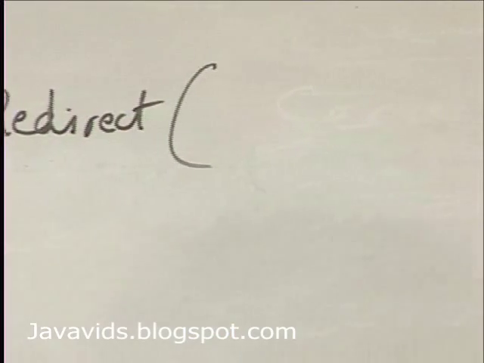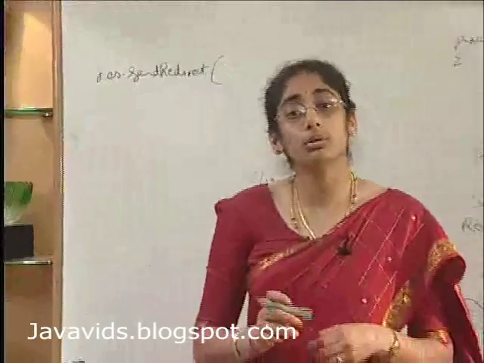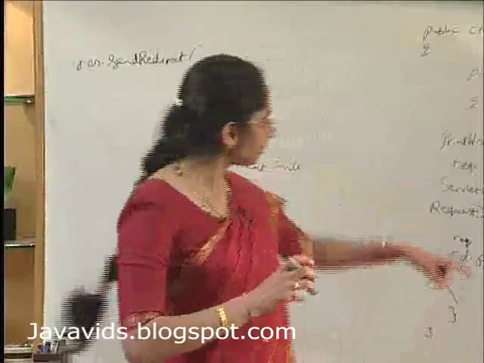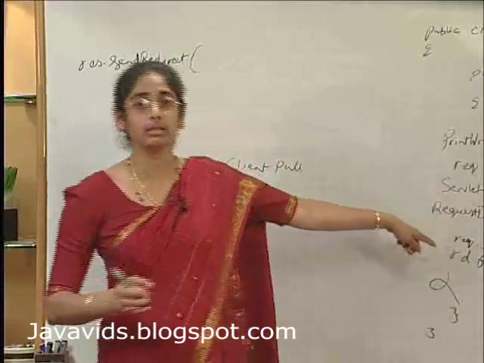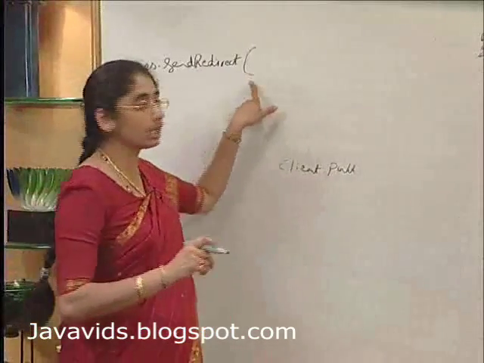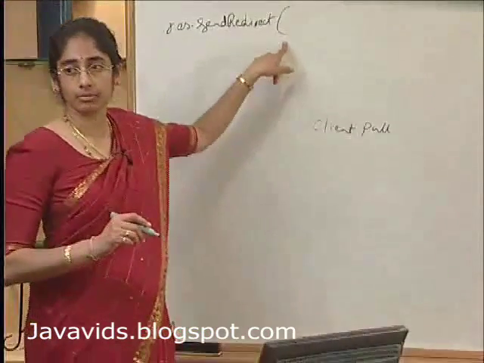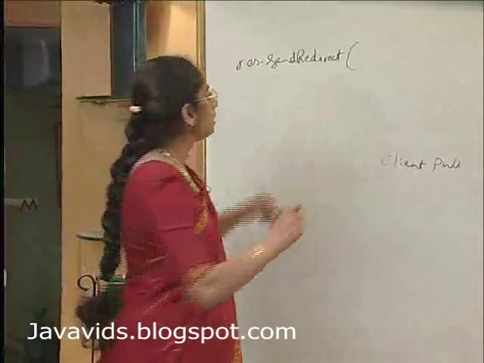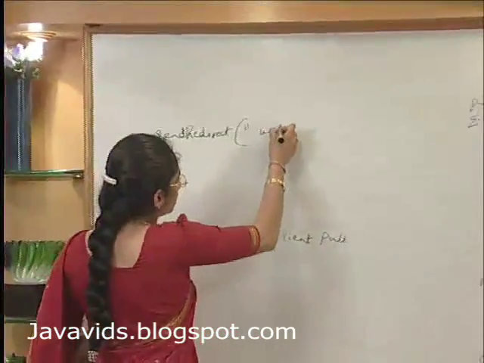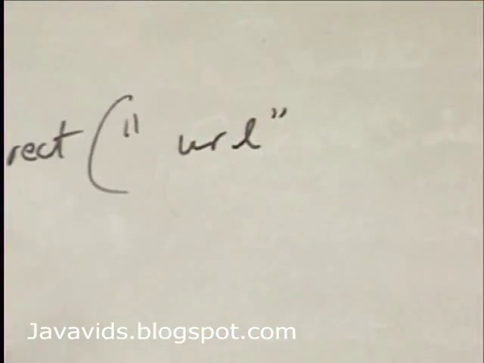To the send redirect, you are supposed to pass a string, and that string is nothing but a URL, not the URI. Remember, with forward or include we said URI. Here with send redirect, it's a URL as a string. So specify whatever the page that needs to be redirected to.